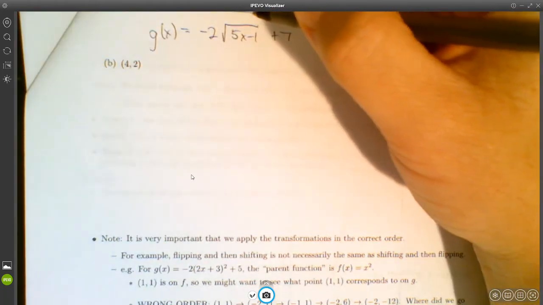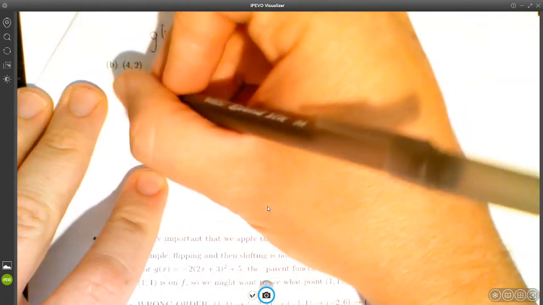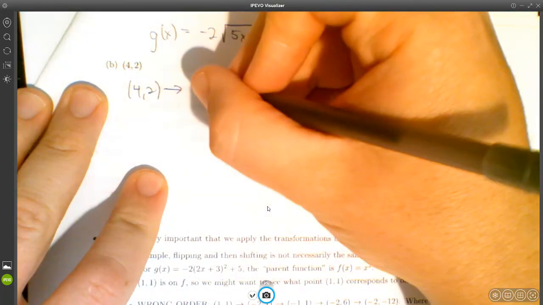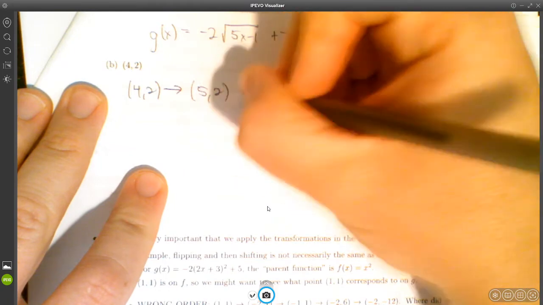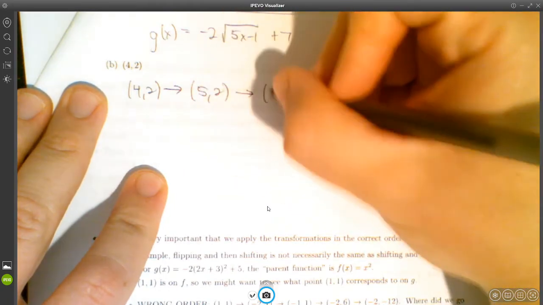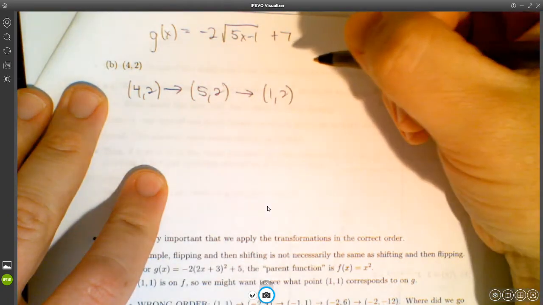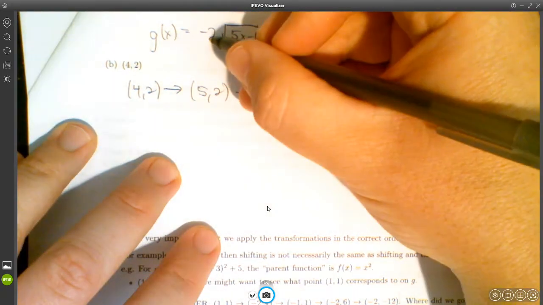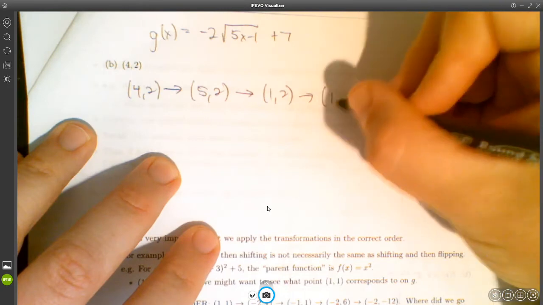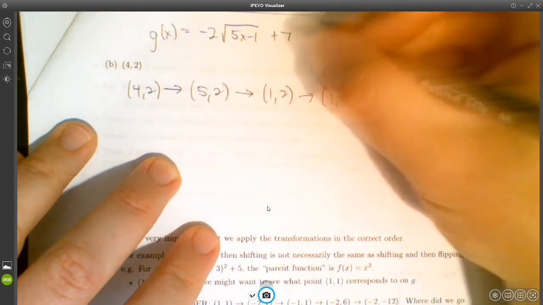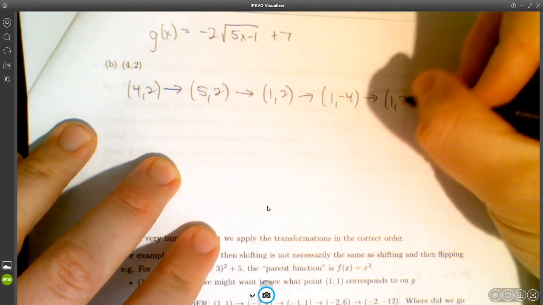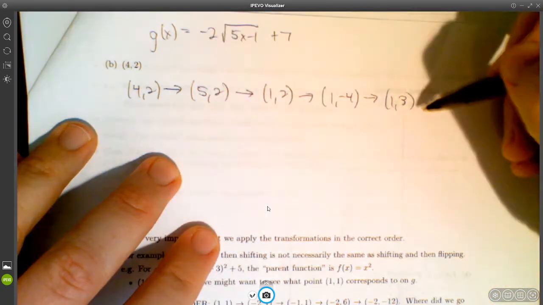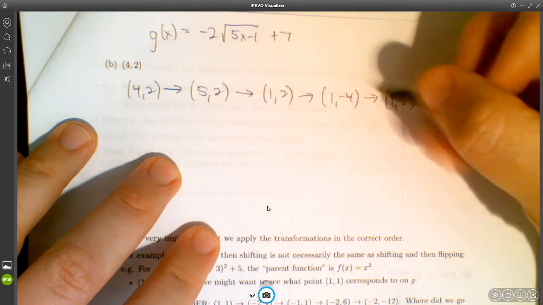Well, we're going to take (4, 2), and first we're going to add 1 to the x coordinate. Then we're going to divide by 5. And that takes care of the inner transformation. Then for the outer transformation, we're going to multiply the y coordinate by -2, and then add 7. So if (4, 2) is on f(x) = square root of x, then (1, 3) is on g(x), right?